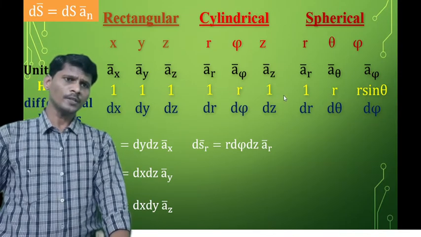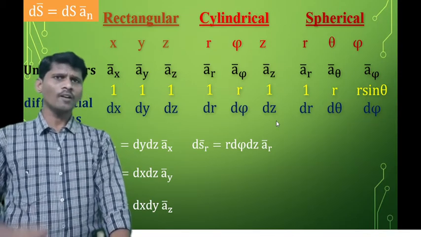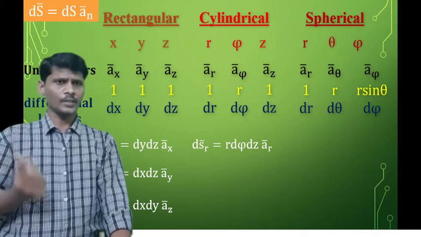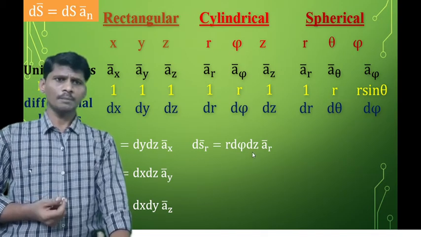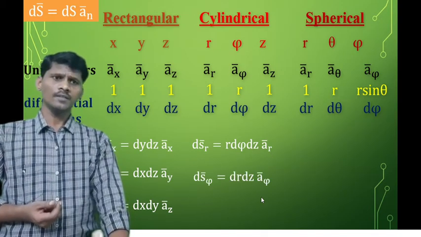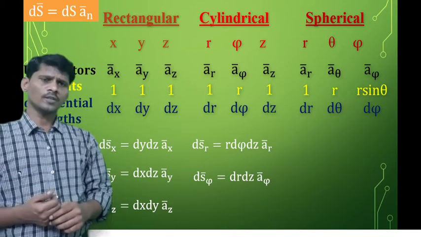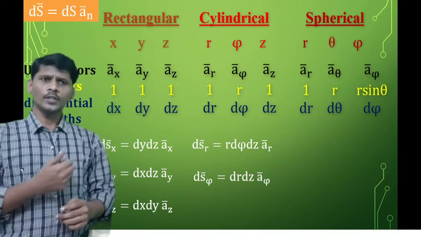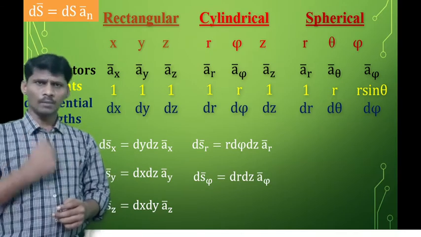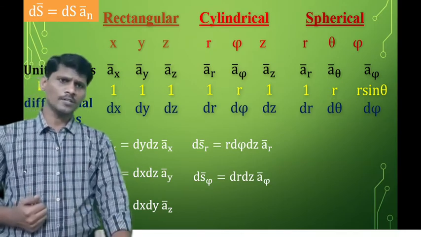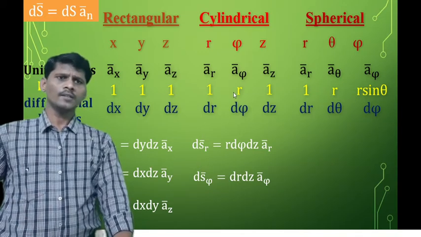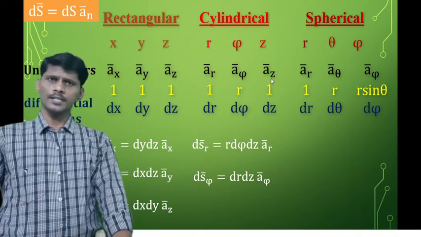The remaining elements are r dphi into 1 dz along r direction into ar bar. So r dphi dz ar bar. Next, dSphi bar is equal 1 dr into 1 dz into aphi bar, and dSz bar is equal 1 dr into r dphi into az bar.